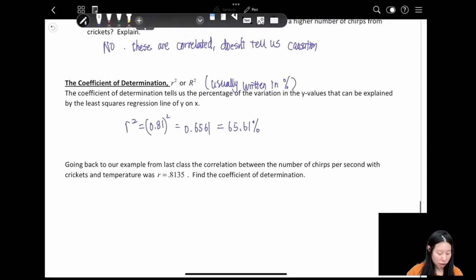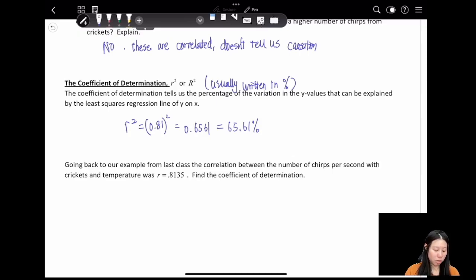So going back to our last example, the correlation between the number of chirps per second of the crickets and the temperature was R equals 0.81. Find the coefficient of determination. That's what we just did. And then we can write down our conclusion.